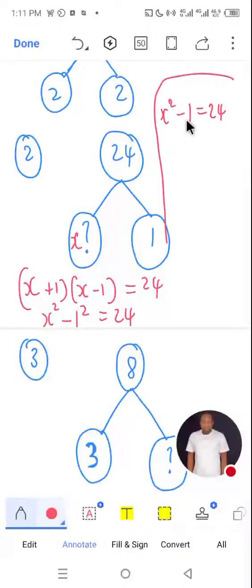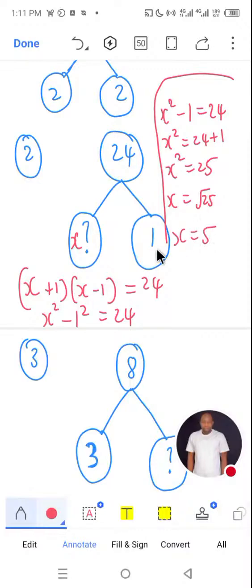If you add 1 to both sides, you're going to have 24 plus 1. So x squared is equal to 25. When you square root both sides, you get plus or minus 5, but we cannot use minus, so we use plus. So x is equal to 5. So this empty space where you have the question mark is going to be 5.